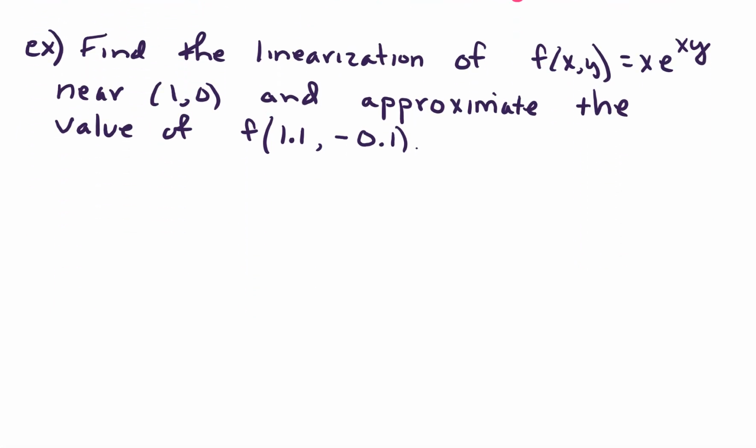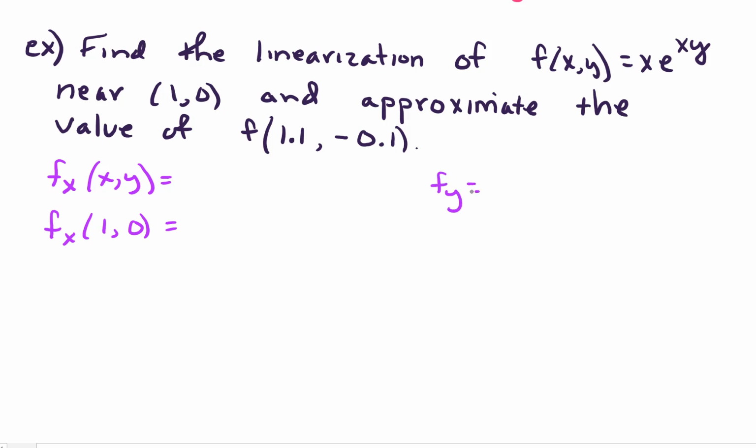So first thing we need to do here is find our partial derivatives. So we'll find the partial derivative of f with respect to x, and once we've figured that out, we will evaluate that at the point (1, 0). Similarly, we'll need to figure out the partial derivative with respect to y.